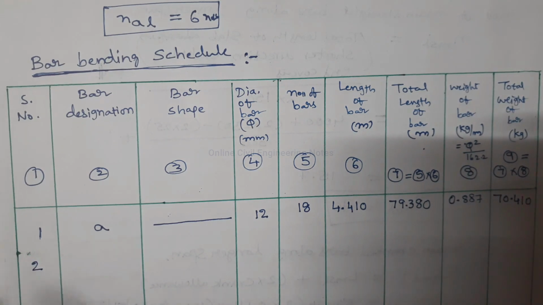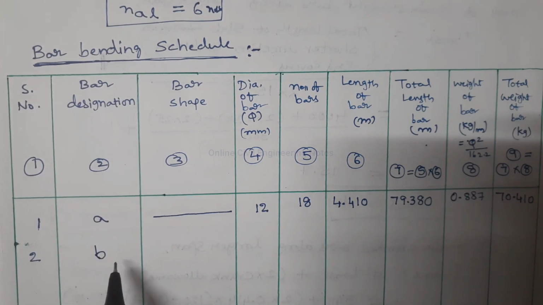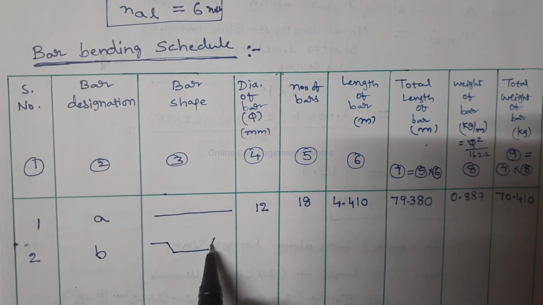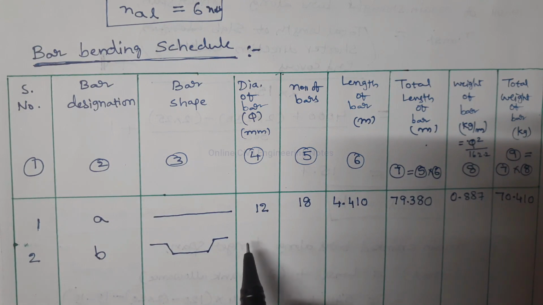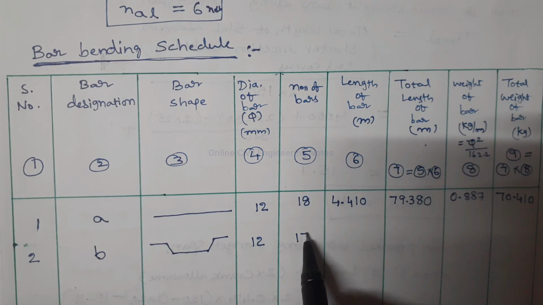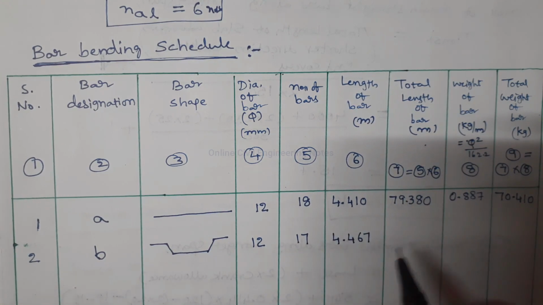70.410. Number 2. Second bar is B, main cranked bar in the shorter span, which has cranks on both sides. Diameter is equal to 12 mm. Number of bars is 17. Length of one bar is equal to 4.467 meters.